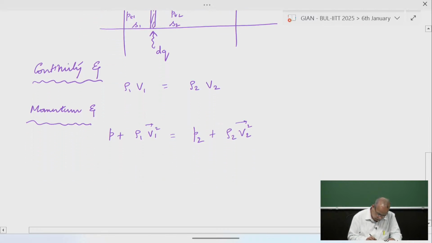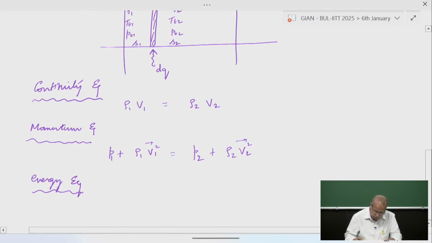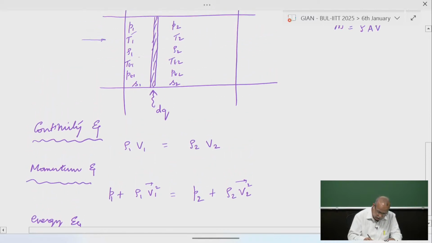Then the third governing equation is the energy equation. The energy equation is the enthalpy. So here is the enthalpy H1, here is the velocity V1, the enthalpy H2, velocity is V2. All the properties are going to change.